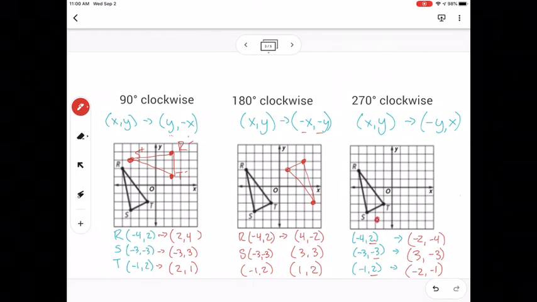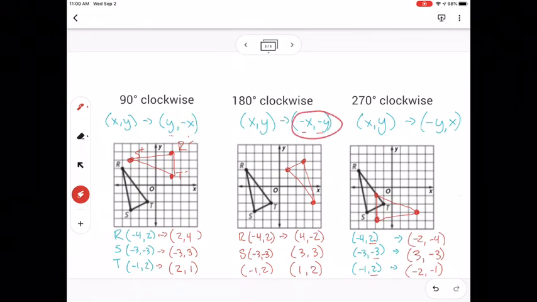So negative 2, negative 4. 3, negative 3. Negative 2, negative 1. There you go. That's how you do it with a graph. So look at your formula and see what to do. Switch the order, make the x the opposite sign, or give them both opposite signs, or change the order and give the y the opposite sign.